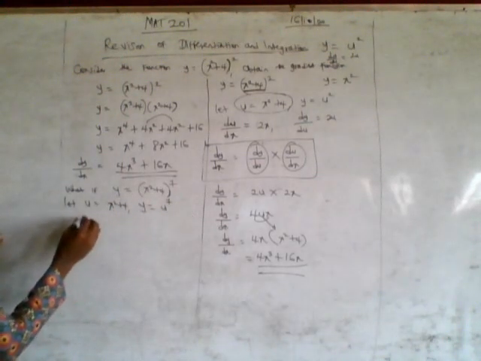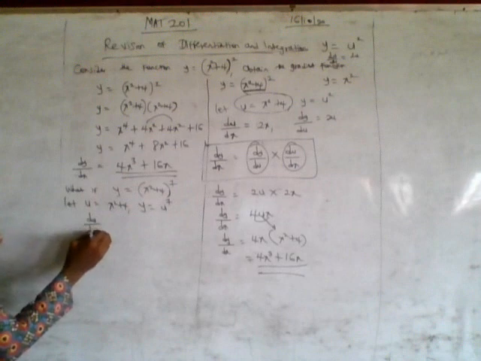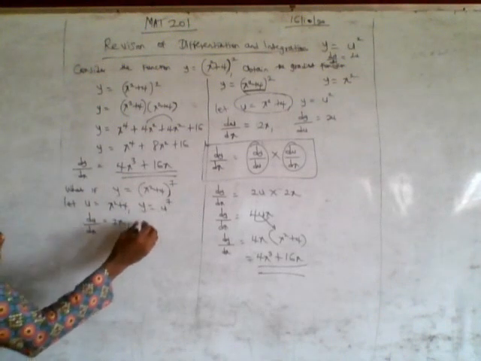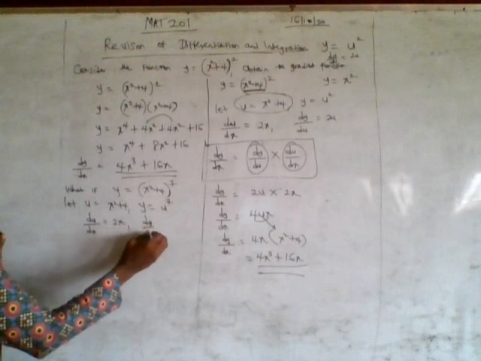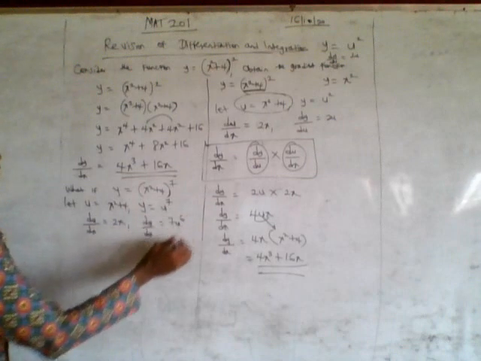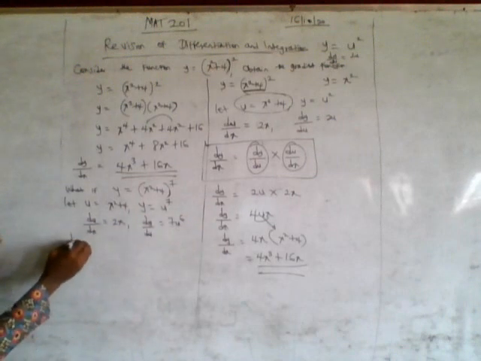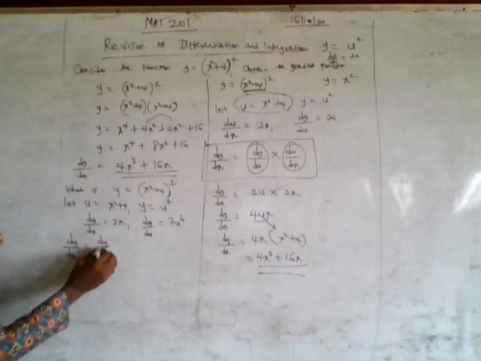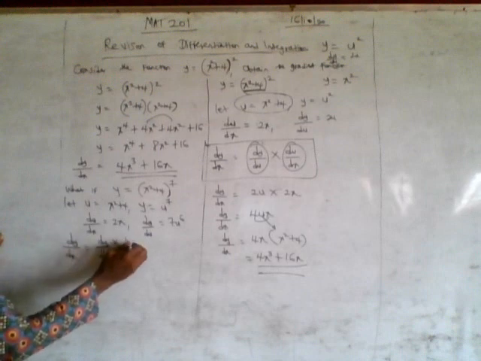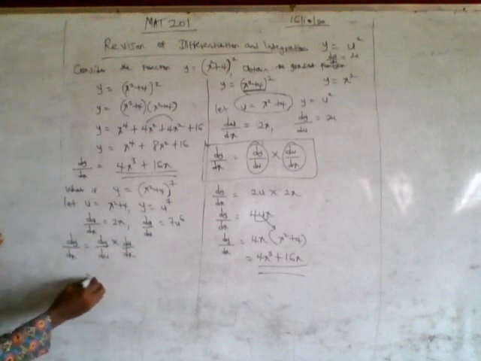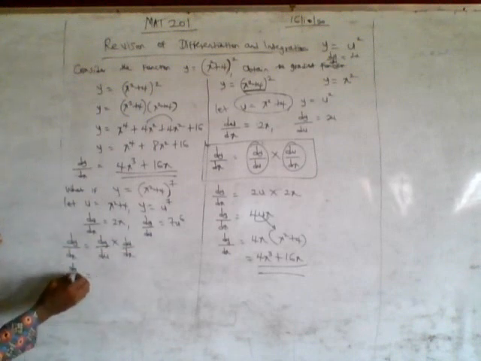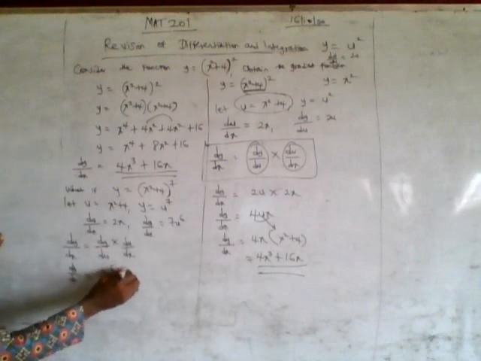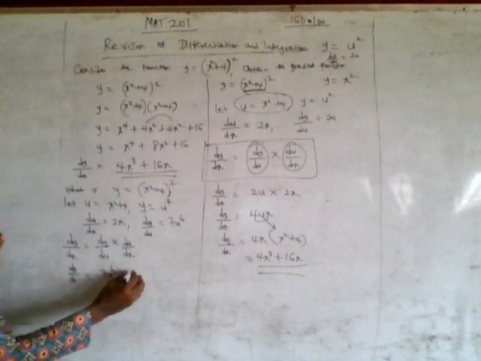So du/dx is 2x, and dy/du is 7u to the power 6, whatever u is. For dy/dx, obtain it from dy/du times du/dx. The dy/dx, which is 7u to the power 6 times du/dx.